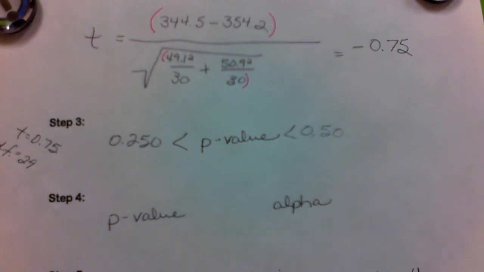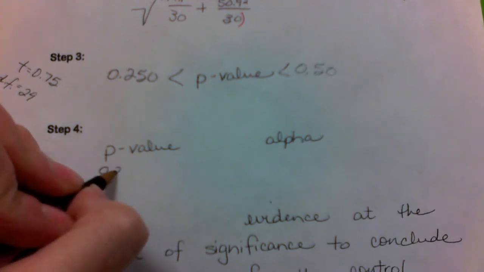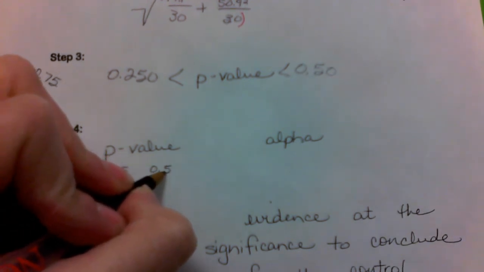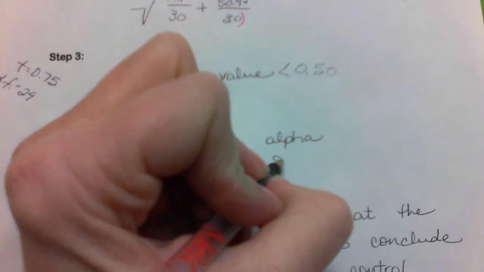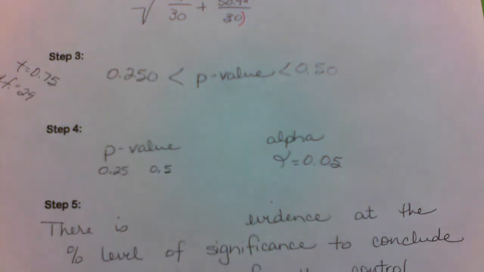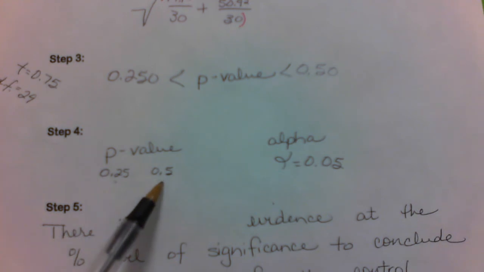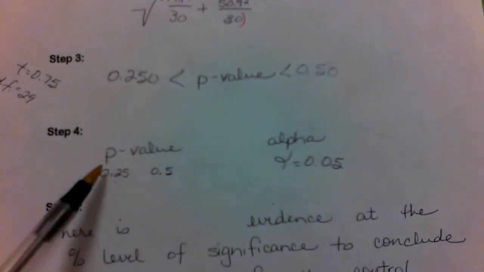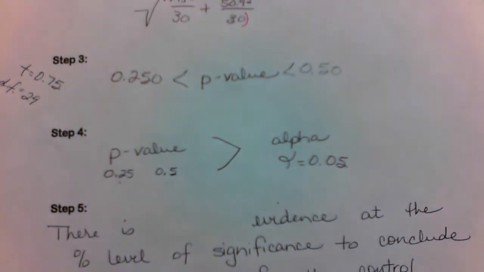So now we are going to compare the p-value, which is between 0.25 and 0.5, to alpha, which they told us to use 5% or 0.05. I didn't draw a number line here because 0.25 is like 25% and 0.5 is like 50%. Both of those numbers are significantly larger than 0.05 or 5%. So that one's pretty easy to see.